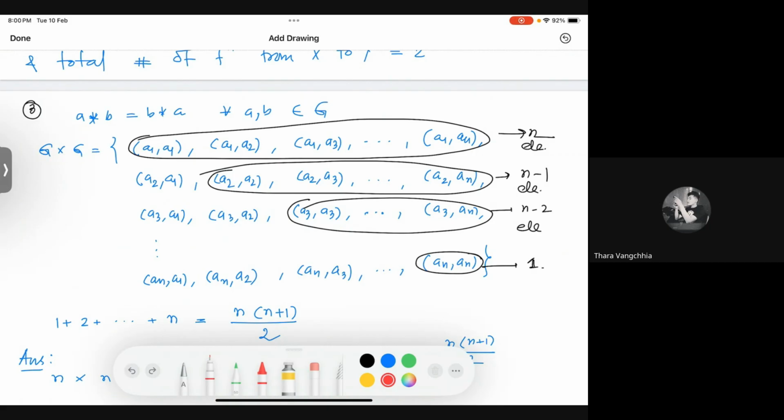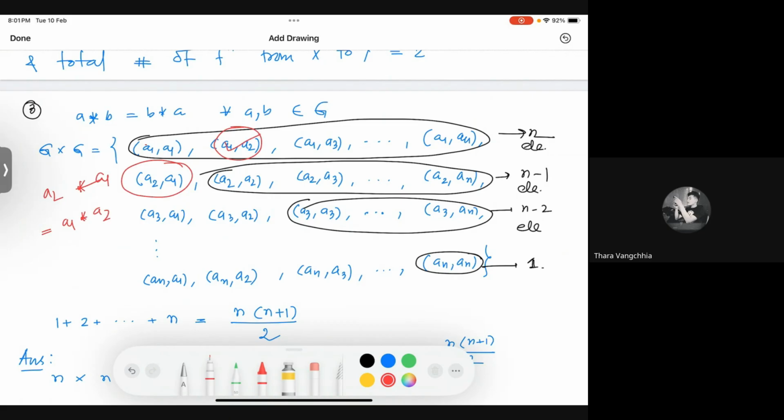But I need the number of commutative binary operations. So for this I want to know what is the image of (A1, A1), the image of (A1, A2), similarly the image of (A1, An). But in the second row, I have no need to know the image of (A2, A1), because I know the image of (A2, A1) is equal to the image of (A1, A2), right?